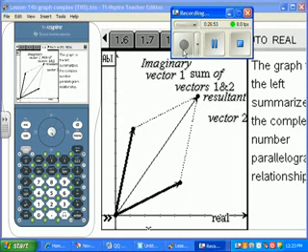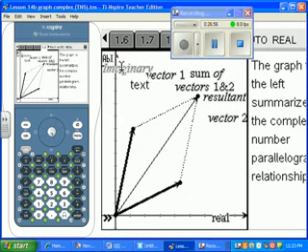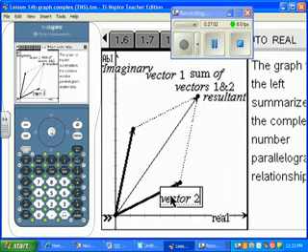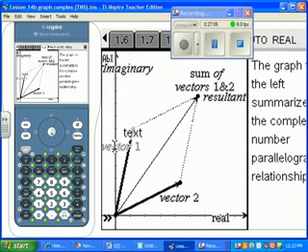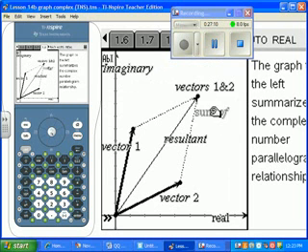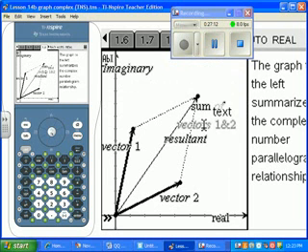Okay? All right. So you should have had your imaginary axis as your y-axis. Your real axis as your x. Vector 2 and 1 doesn't make a difference which one is what, as long as each of them are vectors. The resultant is that diagonal, and the sum of vectors 1 and 2 is the same thing as the resultant. Are we okay?